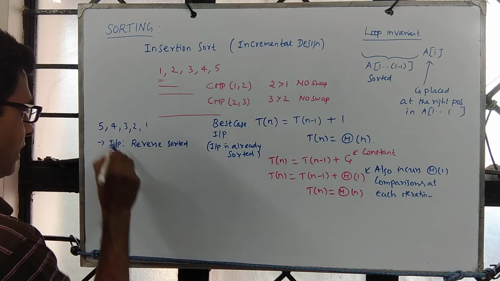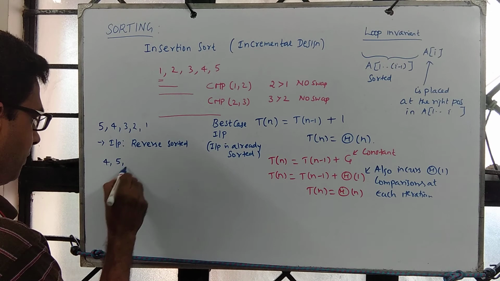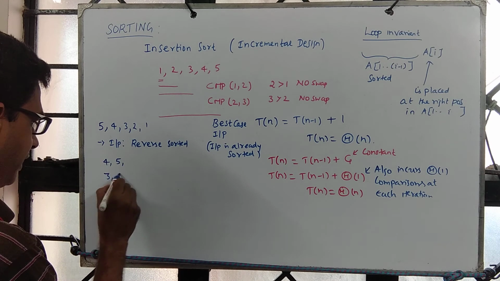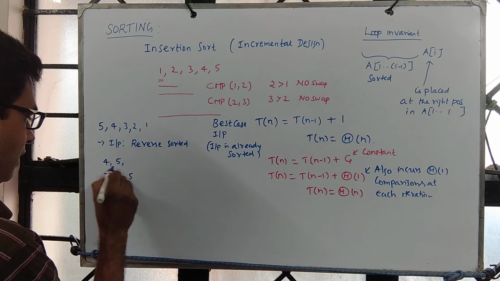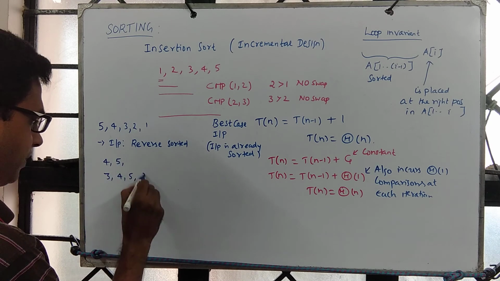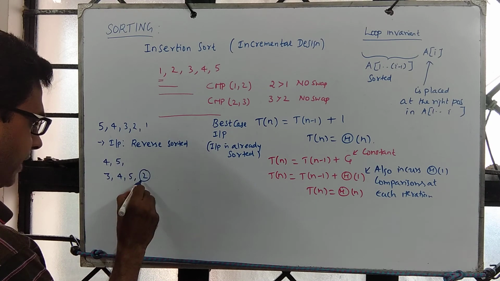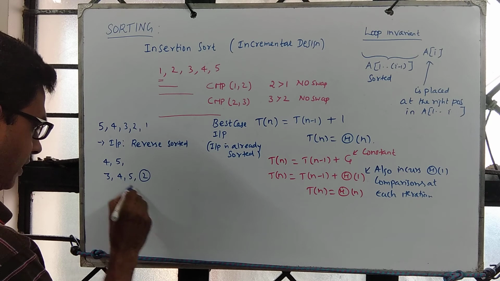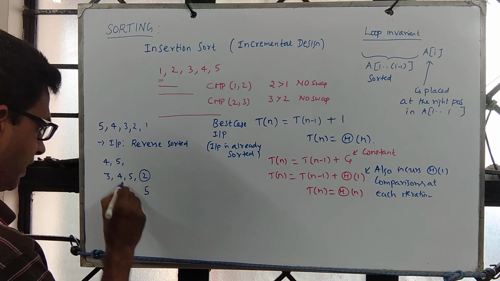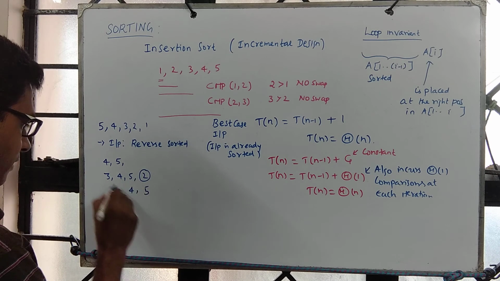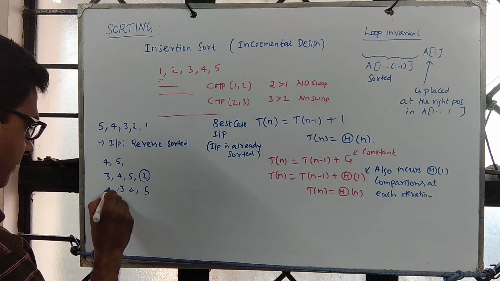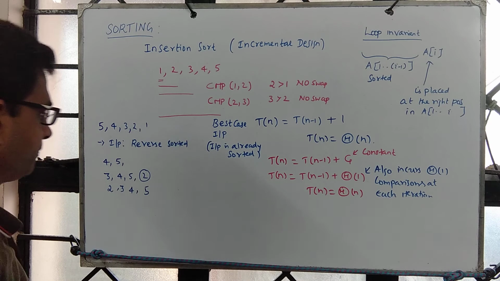Then 4, 5, 3 becomes 3, 4, 5, which means one comparison with this, one comparison with this. Next we bring 2. I compare it with this, then swap, compare with this, swap, compare with this, swap, then finally place it over here.